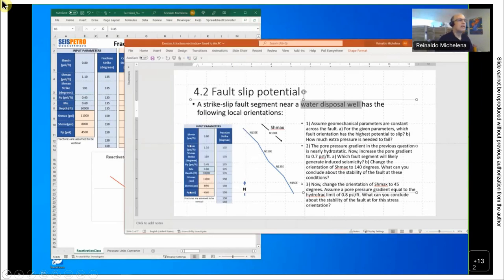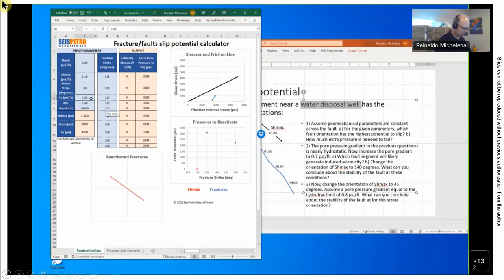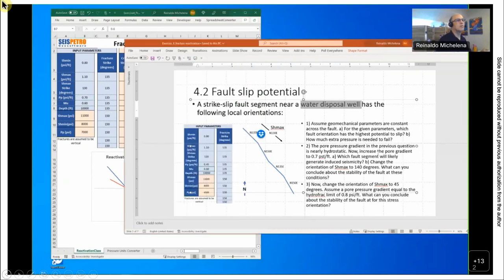Number two, the pore pressure gradient in the previous question is nearly hydrostatic. It's close to 0.45. Now increase the pore pressure gradient. Now you are pumping the water. Now it's 0.7. So we come here to the spreadsheet, and instead of 0.45, we put 0.7. Which fault segment will likely generate induced seismicity?